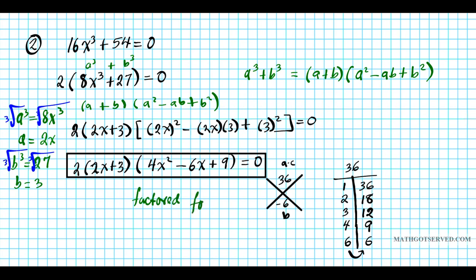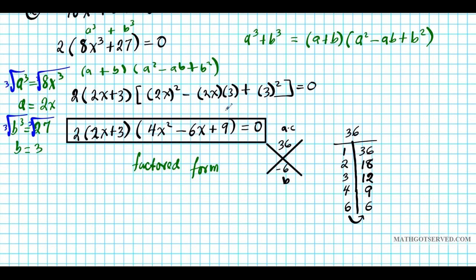Now what we're going to do next is proceed to find the solutions or the roots of this polynomial equation that we had just factored. To accomplish that, first let's rewrite the equation. We have a constant factored out there, so you want to be careful not to attempt to set that constant to 0.